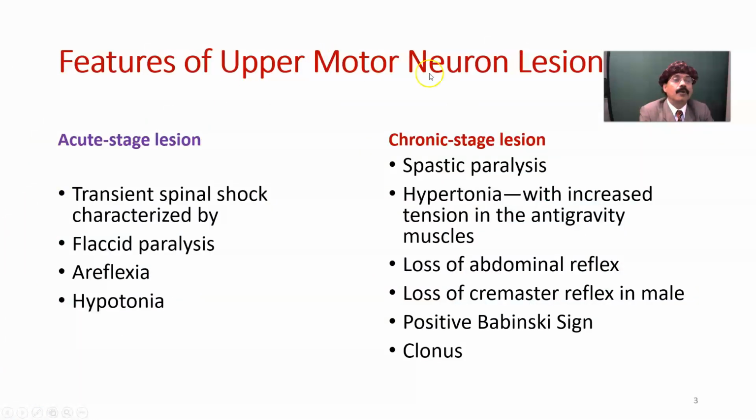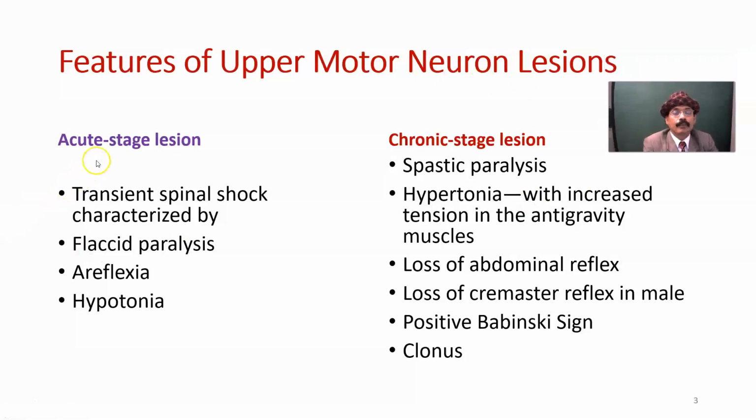So, features of upper motor neuron lesion. We have the acute stage and the chronic stage. In the acute stage, there will be transient spinal shock characterized by flaccid paralysis, areflexia, and hypotonia. In the chronic stage, there is spastic paralysis, hypertonia with increased tension in the anti-gravity muscles, like the flexor muscles of the arm and the extensor muscles of the leg and the knee, loss of abdominal reflexes, loss of cremasteric reflex in the male, and a positive Babinski sign.